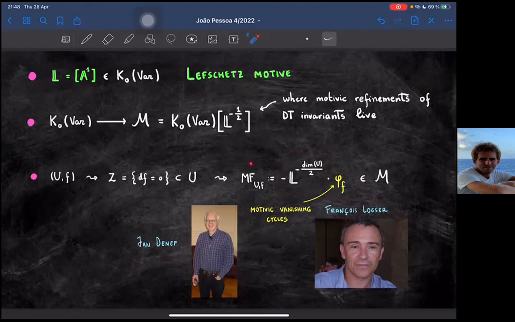This is called MF, to stand for Milnor fiber. It's some class in this motivic ring, which is canonically attached to the pair U, f. So this is something we have, given to us thanks to Denef and Loeser.